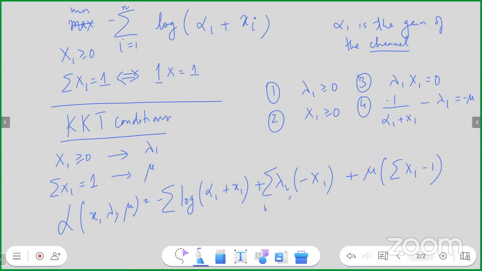All of the x's cannot be 0 because you have a condition that summation is equal to 1. So whenever the x's are non-zero, the lambda I should be 0 by the third condition.